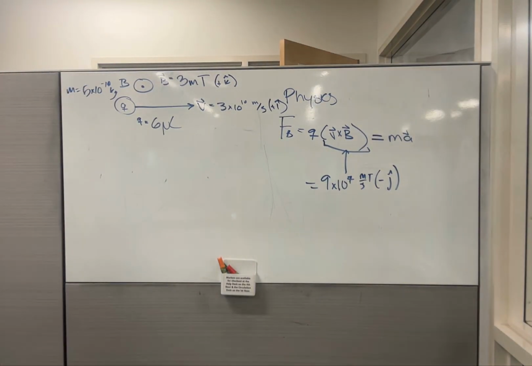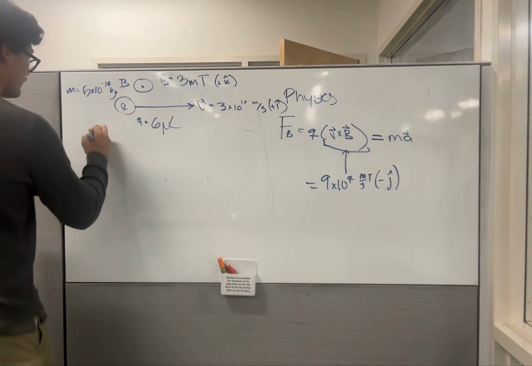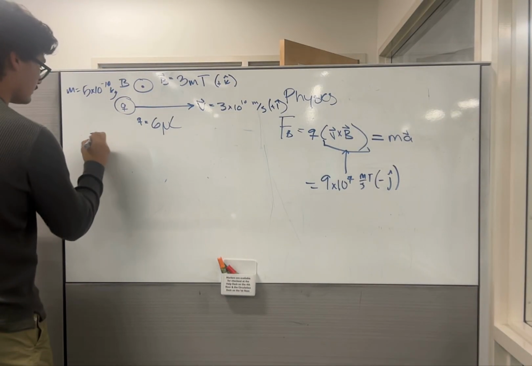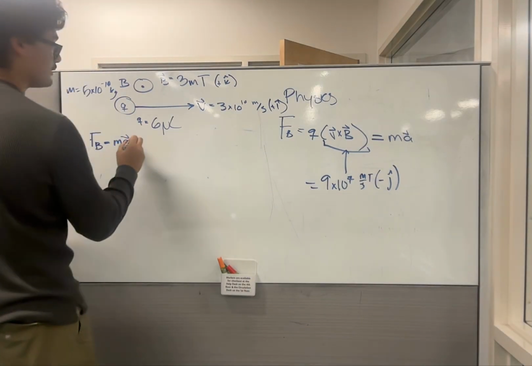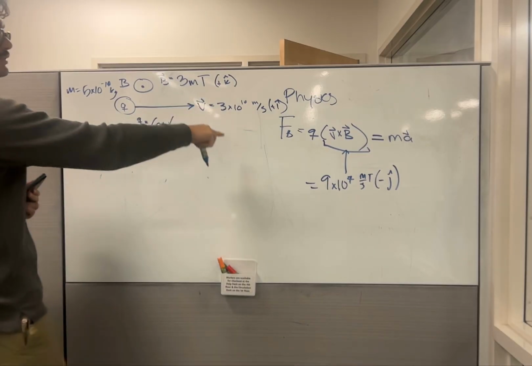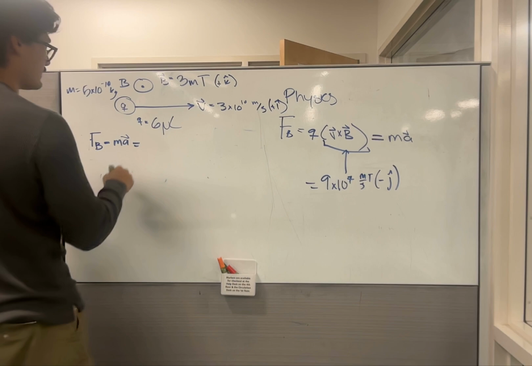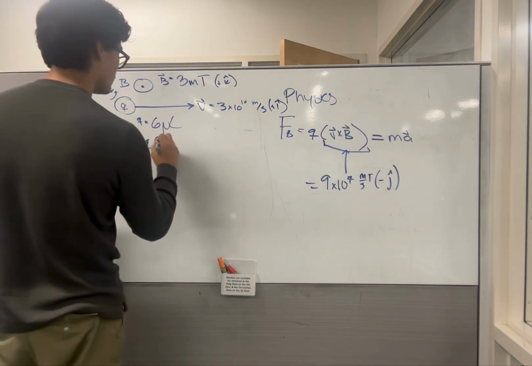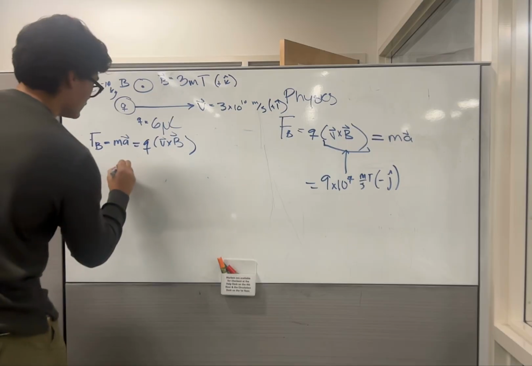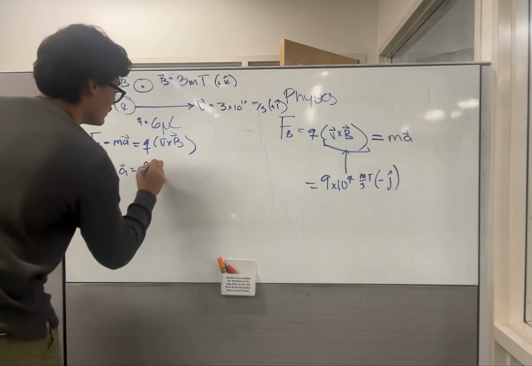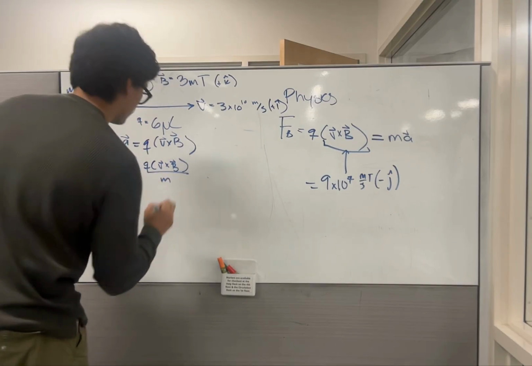Now, we have F of B, which is equal to ma, which is equal to q times the cross product. Let's rewrite this expression as a is equal to q over v cross B over m.